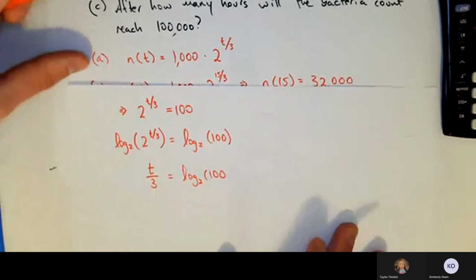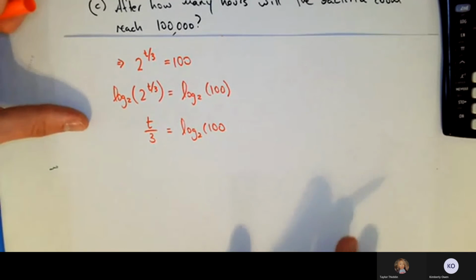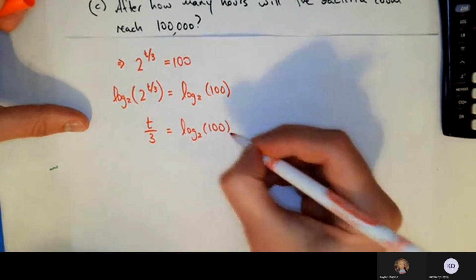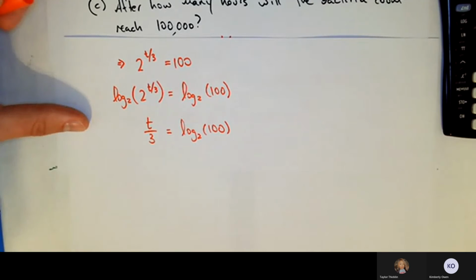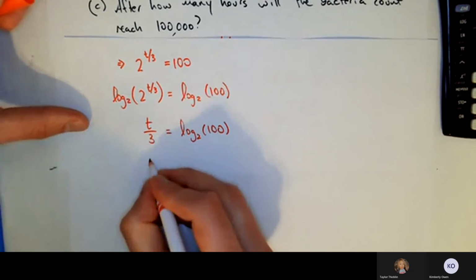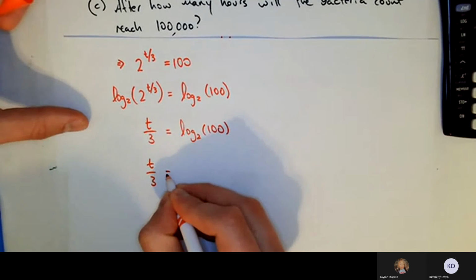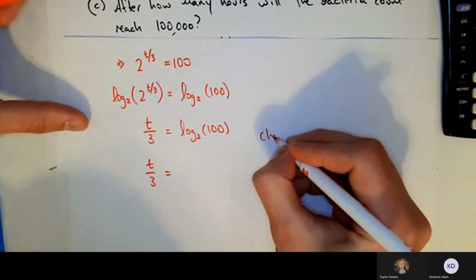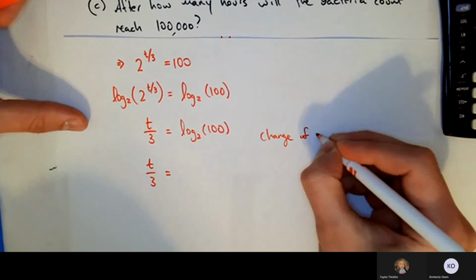Let me scoot this up. Still trying to solve for time. There we go. Before I multiply by 3 on both sides, because you know that's going to be the last step to solve for T, let me recall my change of base formula.